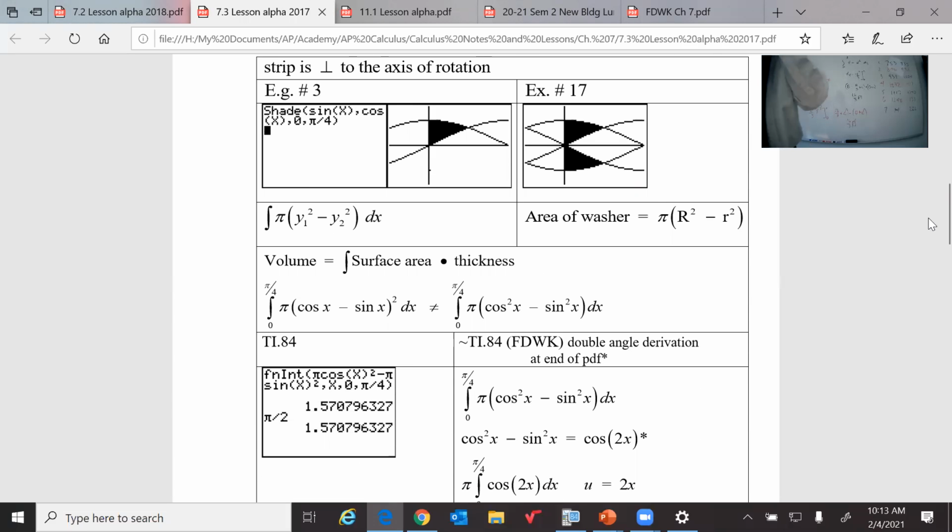Here's the question. Here comes the cosine wave. Here comes the sine wave. They meet at pi over 4. Then we take this thing and we reflect it over the x-axis. And if we go perpendicular to the axis of rotation, there's a hole there.